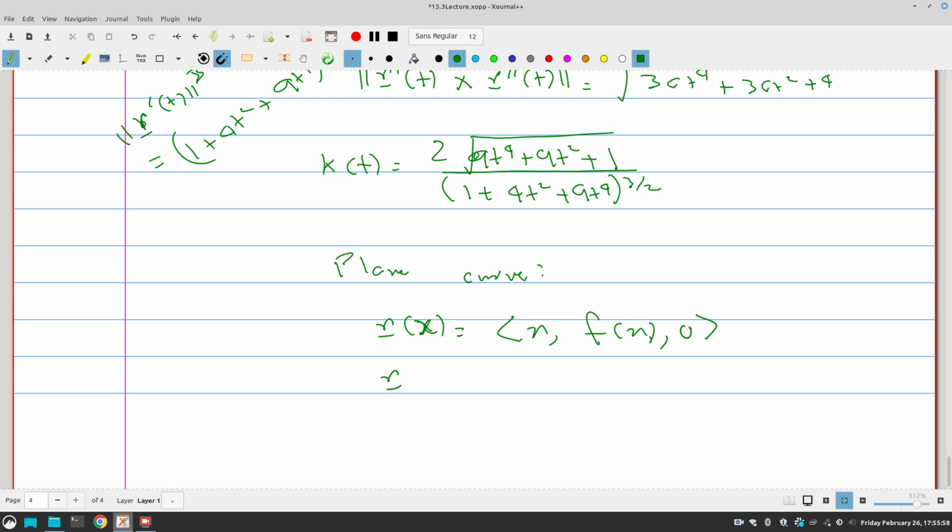So r prime of x is of course equal to 1, f prime of x, 0, and r double prime of x equals 0, f double prime of x, 0, right?